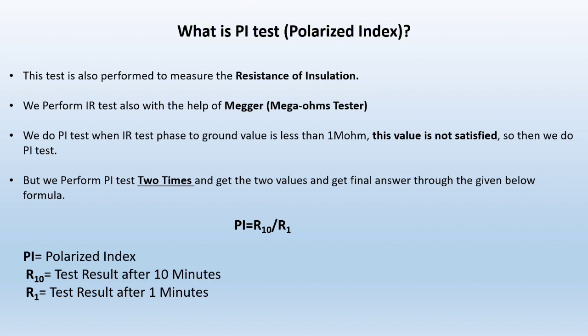And R1, the test result after 1 minute, means we perform this test for 1 minute and then take the result. And the total PI test result will be R10 over R1, meaning the result after 10 minutes divided by the result after 1 minute, then the answer will be the actual PI test result.